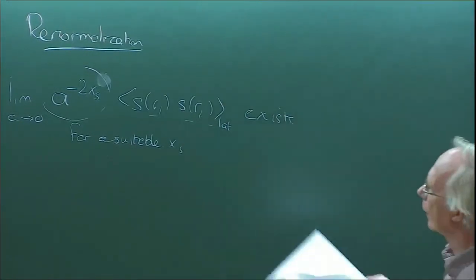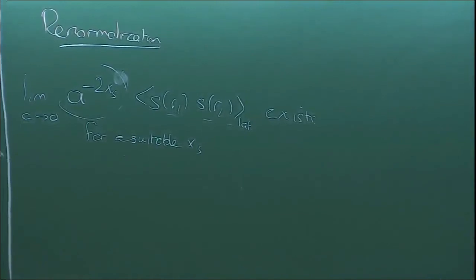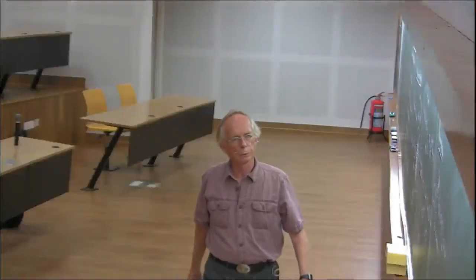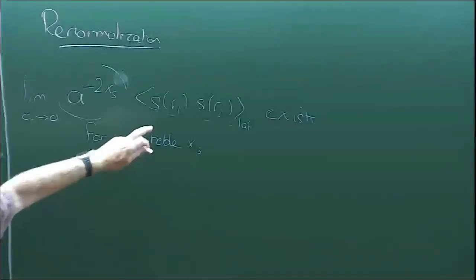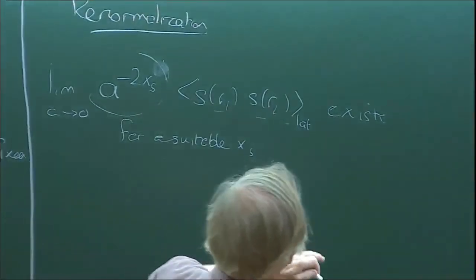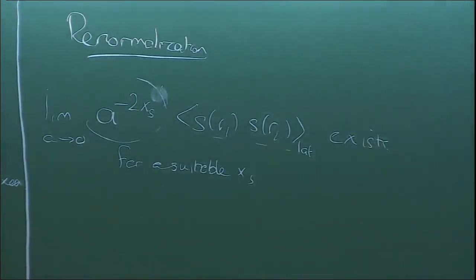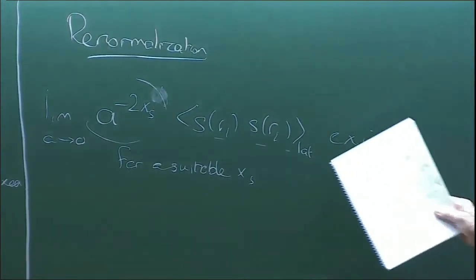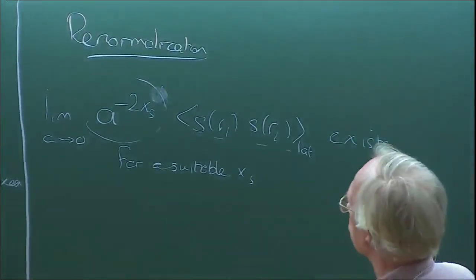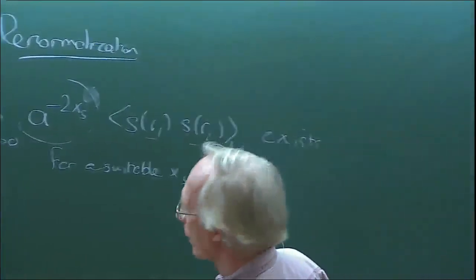And the x_s depends on which particular model we're looking at, what particular universality class we're looking at. It depends on what particular observable we're actually studying. In the case of the two-dimensional Ising model, when we look at the spin-spin correlation function, it happens to be equal to 1/8.